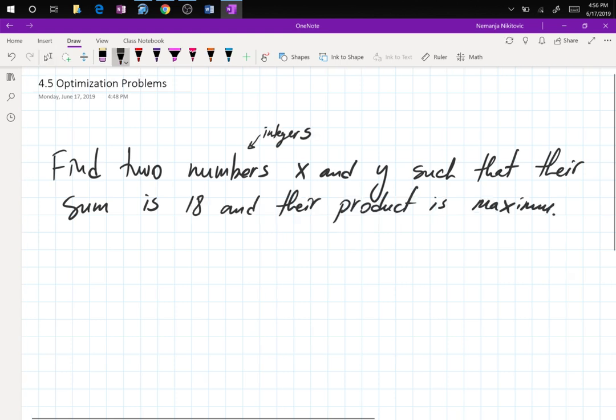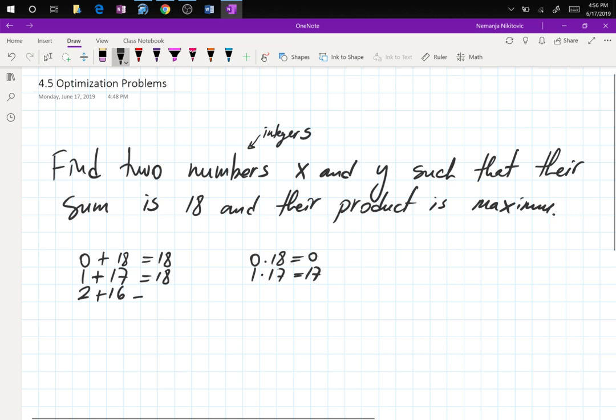And you say, you know what, I'm not going to do any heavy-duty math over here, I'm just going to guess. Okay, fine, let's go. 0 plus 18 is 18, right? So 0 times 18 gives you 0. 1 plus 17 is also 18, but then 1 times 17 is 17. Well, that's better.